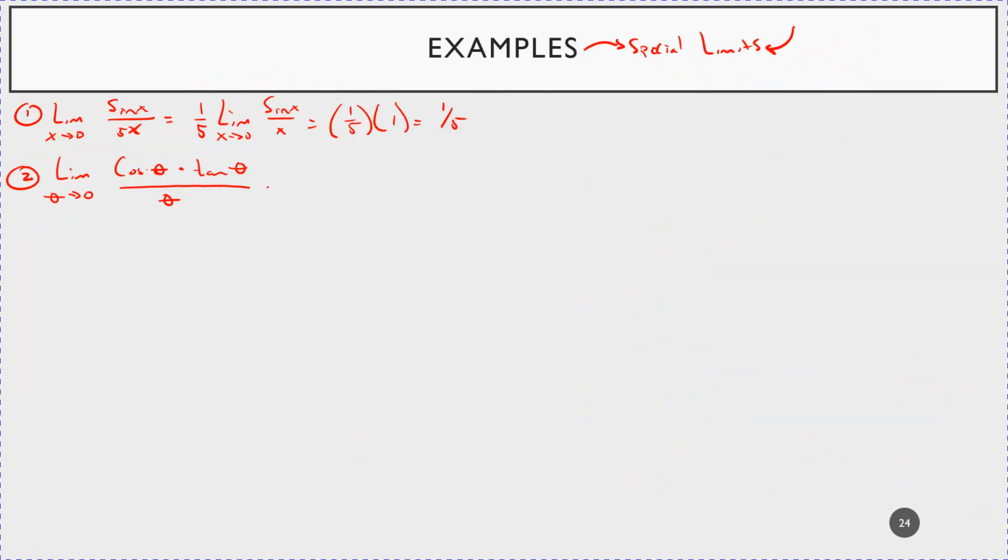So this becomes the limit as theta goes to 0 of cosine of theta times sine of theta over cosine of theta, all over theta. And look what happens here. The cosines cancel, and you're left with the limit as theta goes to 0 of sine of theta over theta. Well, look, that's just like the one with x, except I have theta. So this just goes to 1.